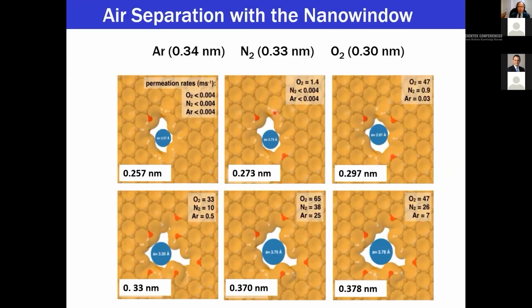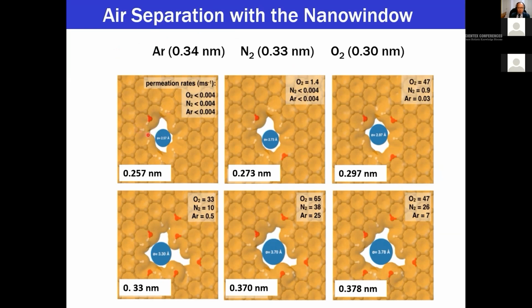Then nano windows in graphene have a very unique function. We recently elucidated that this nano window in graphene is very promising for air separations using different sizes of nano windows. These nano windows are thermodynamically stable at ambient conditions.